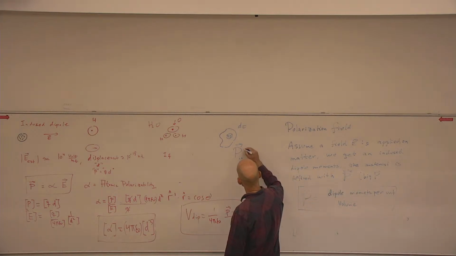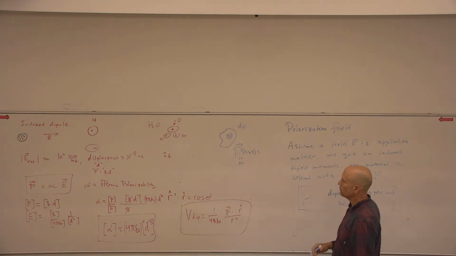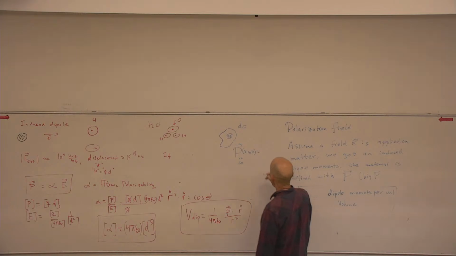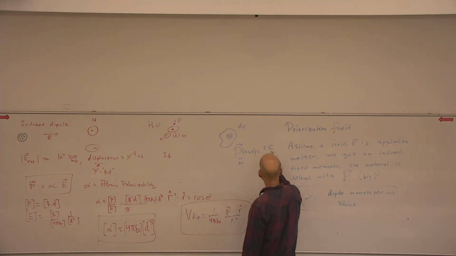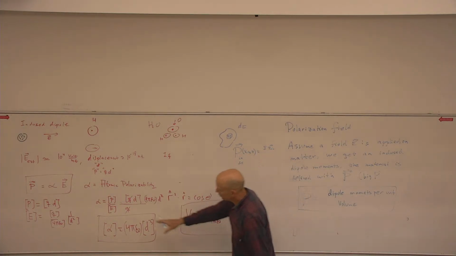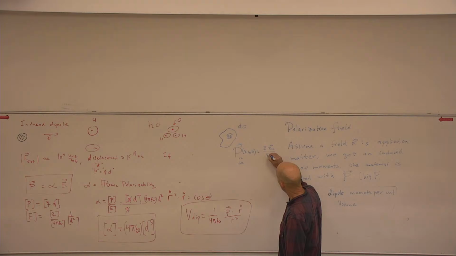So this is a function of x, y, and z, like a charge density, which could be a function of space. This is the sum of the microscopic dipoles that we had before, those inside the box, divided by the volume of the box.